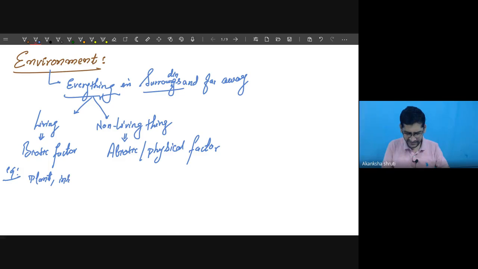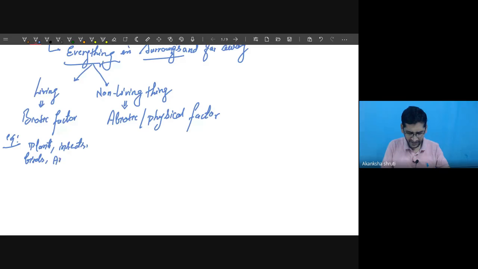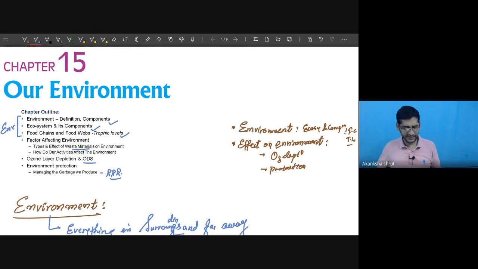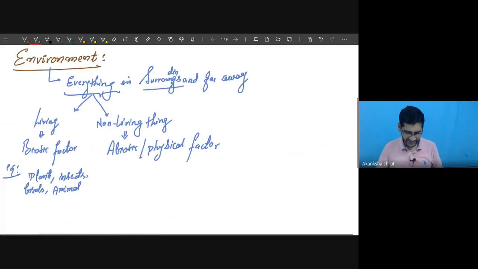The insects, the birds, the other communities, other kinds of animals. Every kind of animal that we look at, from the very small to the very large, the diverse varieties of life. All of these are the biotic factors.